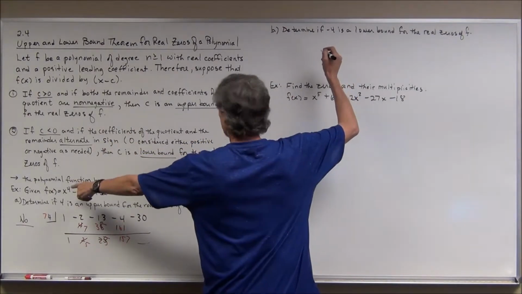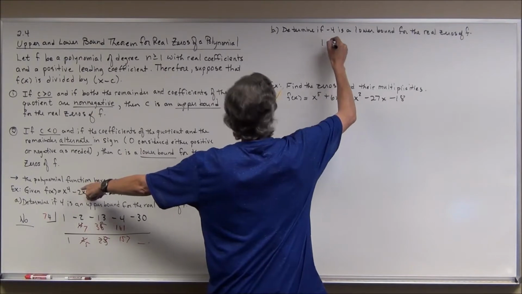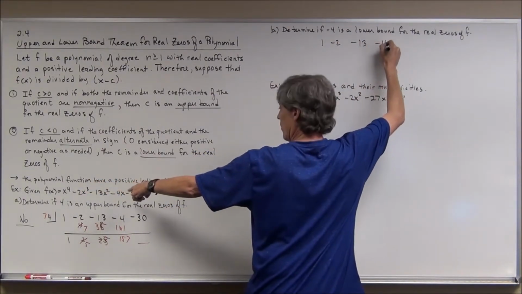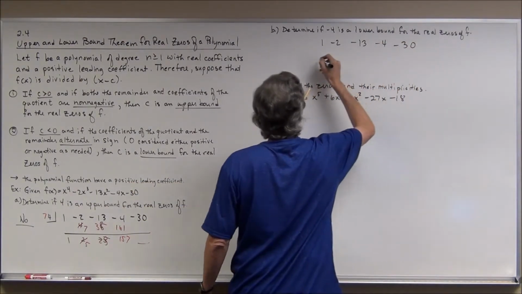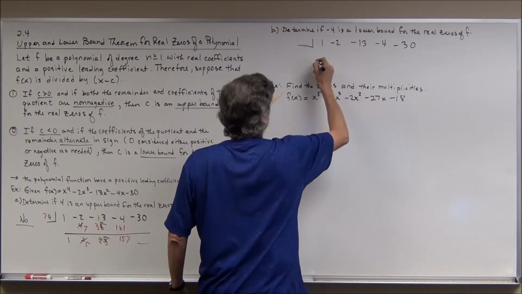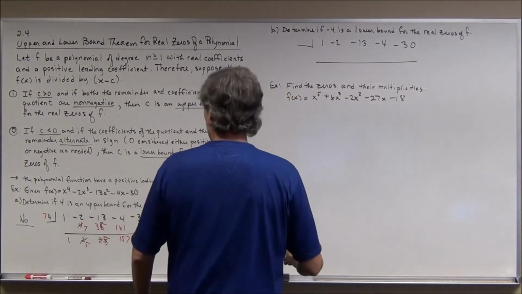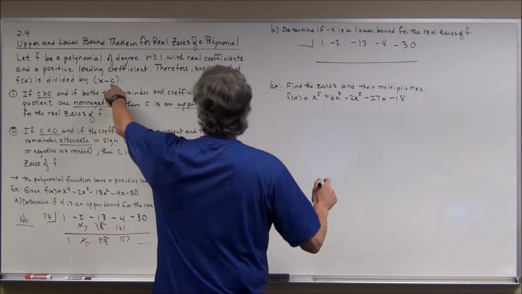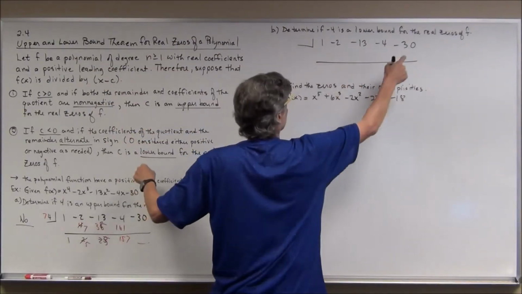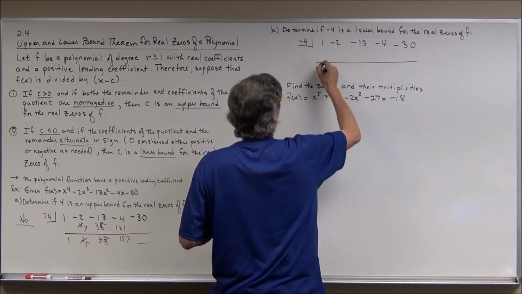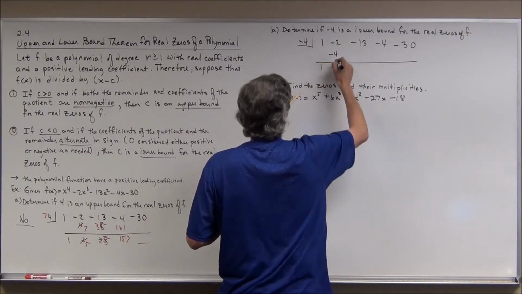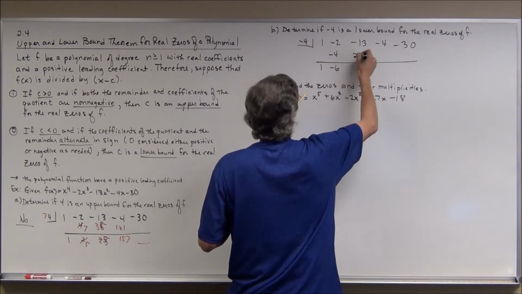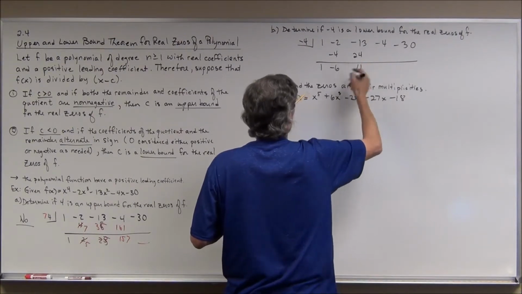So I have 1, negative 2, negative 13, negative 4, negative 30, and I'm going to put negative 4 here. So that's 1, that would be negative 4, so that's negative 6. Alternating so far, that would be a positive 24, so if I add I get 11, so it's still alternating.